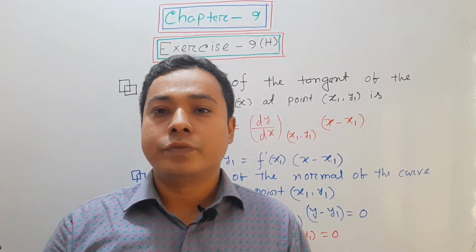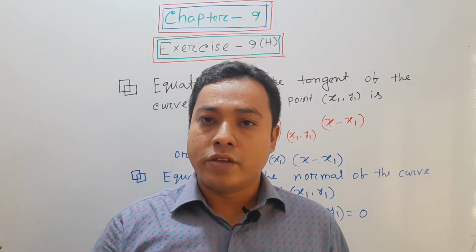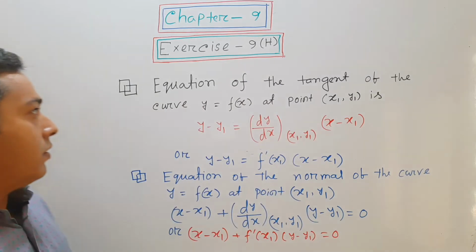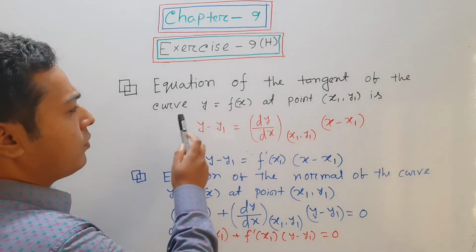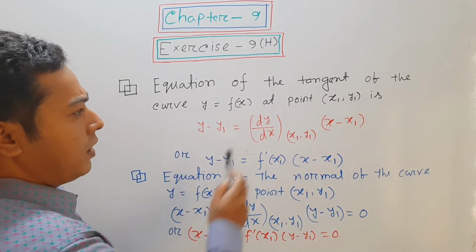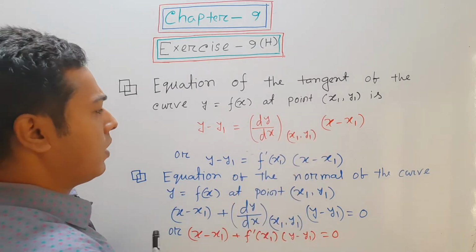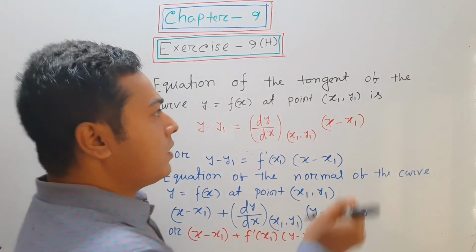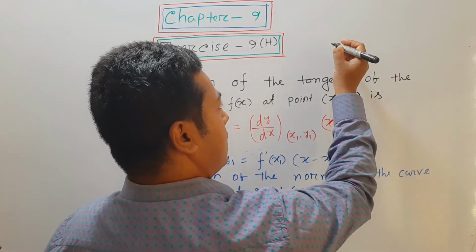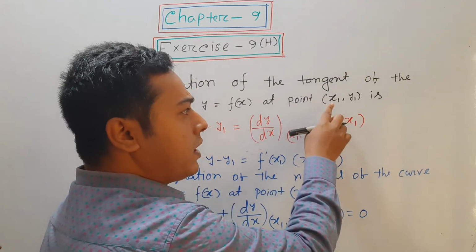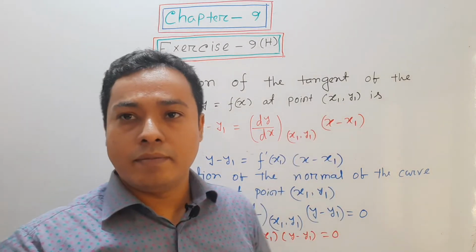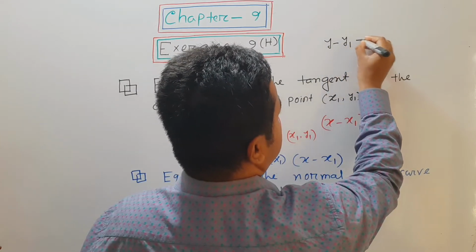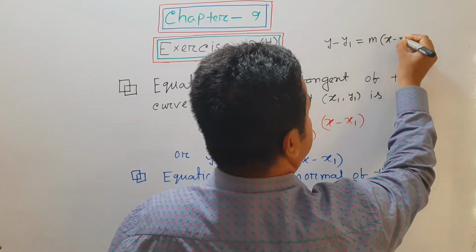Dear students, now we want to discuss the equation of the tangent and the equation of the normal. The equation of the tangent of the curve y is equal to f of x at a point x1 comma y1 comes from the straight line. We already know the equation of a line passing through the point x1 comma y1 and having slope m is y minus y1 is equal to m into x minus x1.